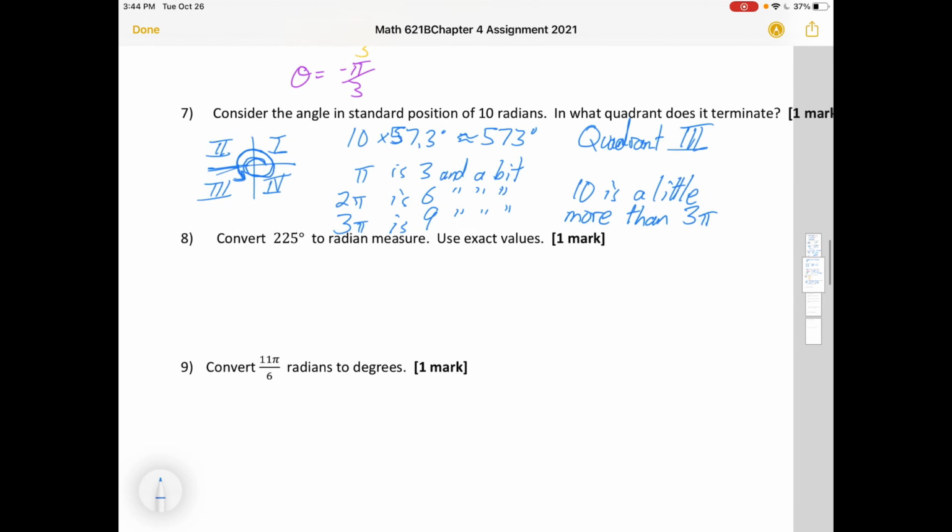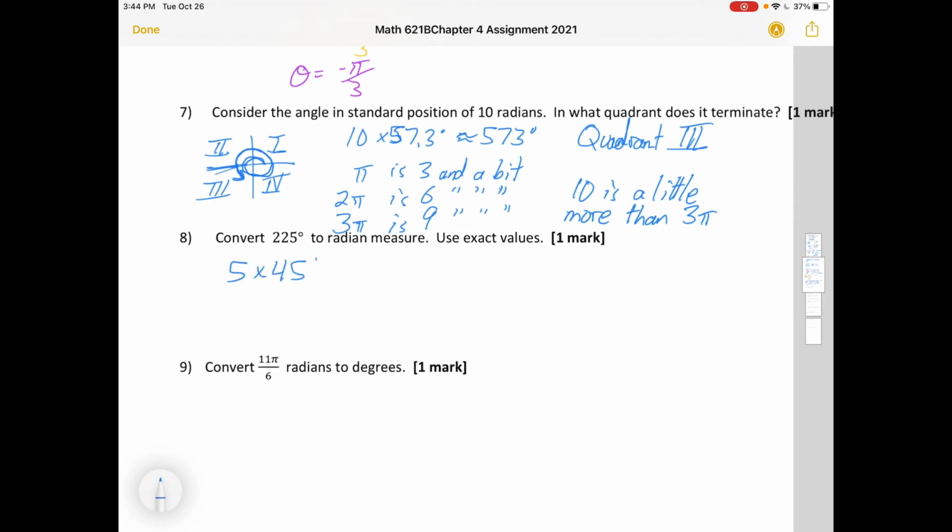All right, convert 225 to radian measure. 225 is just 5 45s. These are common angles, so that's 5 pi over 4s, or 5 pi over 4. If you use a conversion factor, this is going to be a lot more miserable. You'd have to go 225 times pi over 180, which is going to be 225 pi over 180.